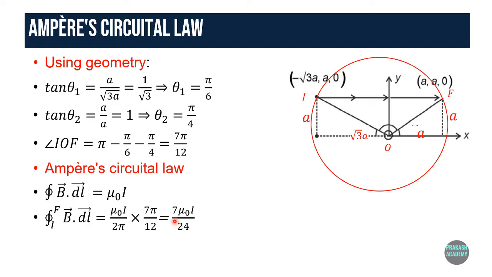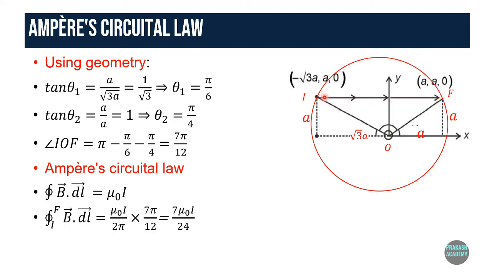So, this will be mu naught I divided by 24 and this multiplied by 7. So, 7 by 24 mu naught I. So, now I know the contribution, or the value of the integral of B dot dl, for this path.